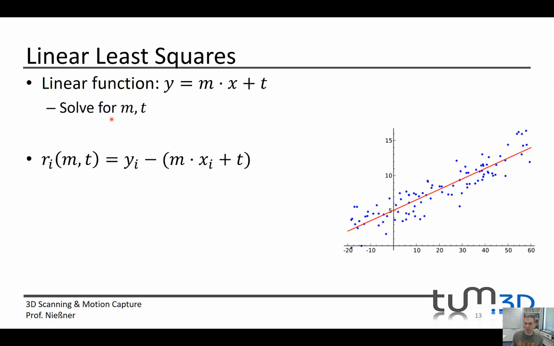So let's talk about a simple linear least squares problem, where we just want to fit a line to a set of data points in 2D. In this case, we have this linear function, which basically has 2 unknowns. The unknowns are m and t.